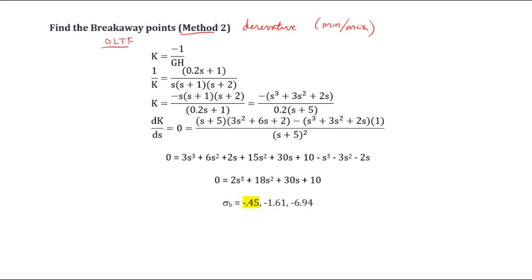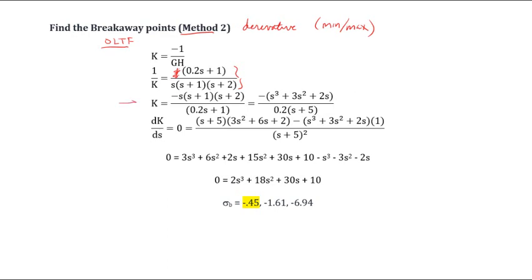If I bring GH over here, I've got an expression for the open loop transfer function. Once I get K by itself, then here's my open loop transfer function. Notice that the little K has been moved out of there because it's over on the other side.